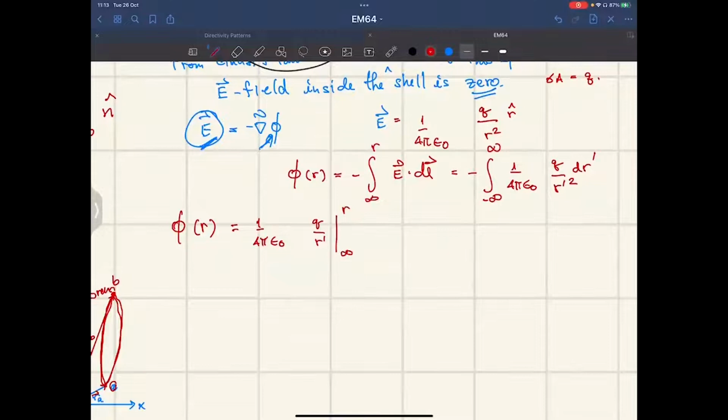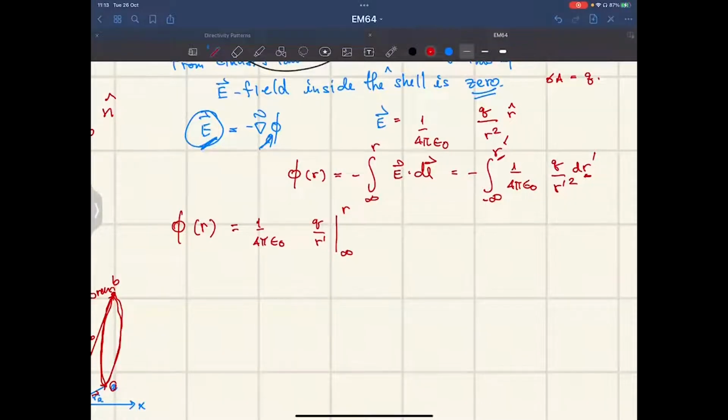The reason I don't use the normal r here is that the upper limit is r here. I don't want to use the same variable, so I just use a dummy variable.